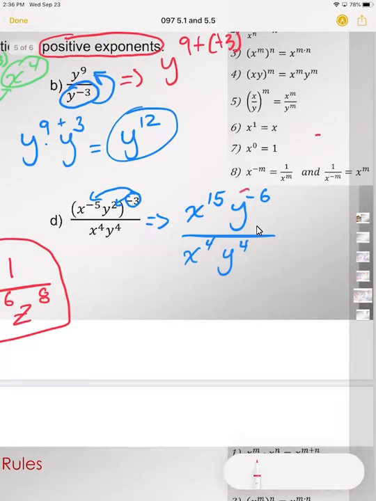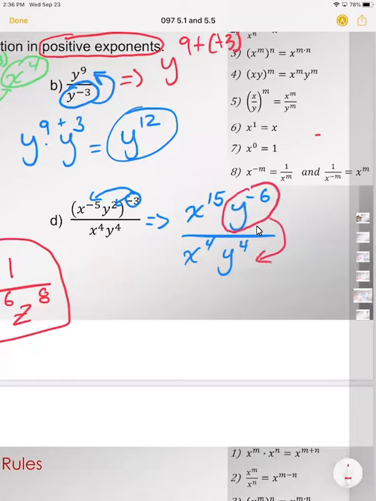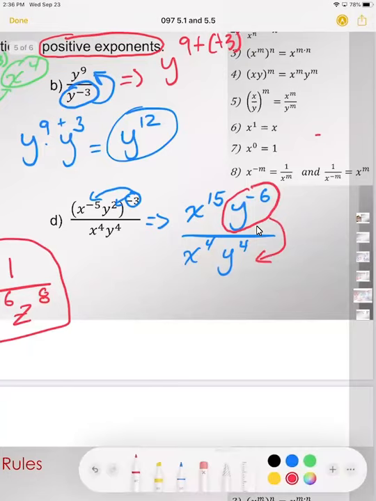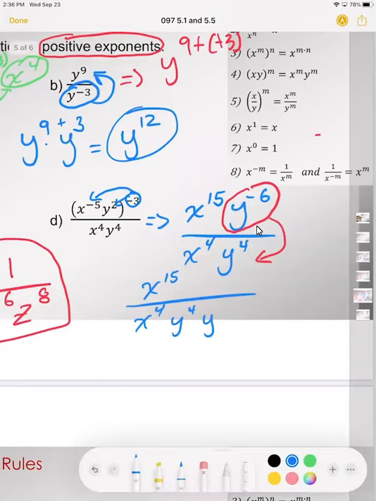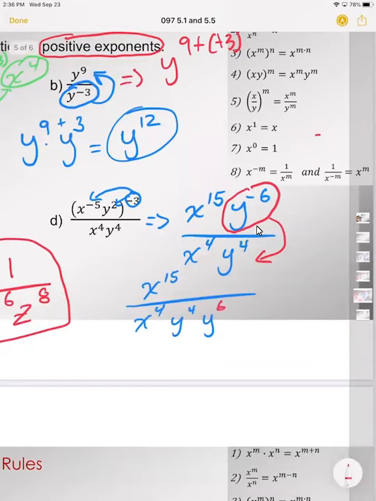And to make it consistent, because of this -6, I want to move it to the denominator. Everybody see that I have x to the 15 all over x to the 4, y to the 4, y to the positive 6. Again, all I did was take that -6 exponent on the numerator and move it to the denominator and it becomes a positive.